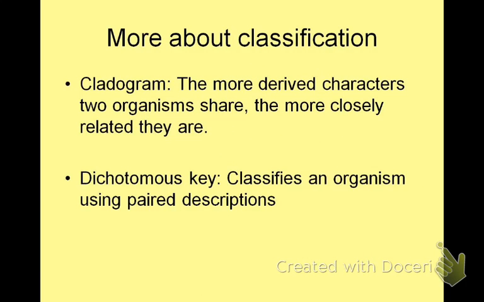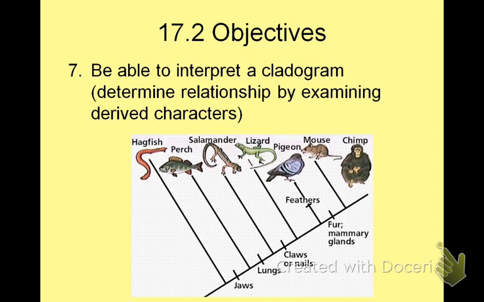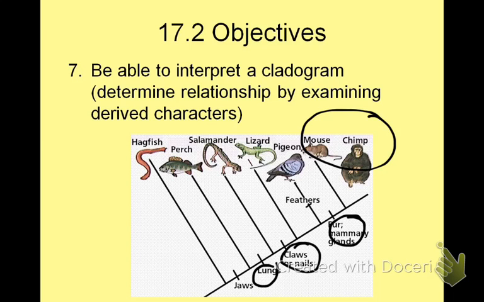Some more about classification. In a cladogram, the more derived characters two organisms share, the more closely related they are. If we go back, the mouse and the chimp share fur, mammary glands, claws or nails, lungs, and jaws. They share all of those, so they're the most closely related.